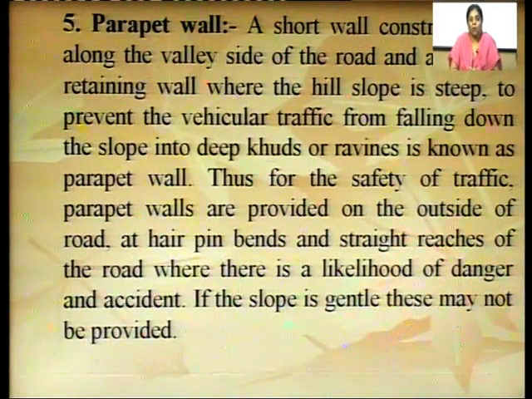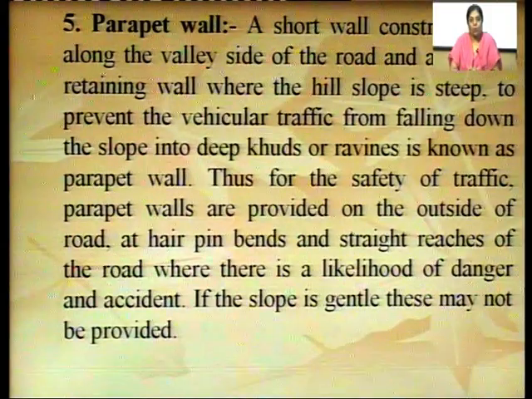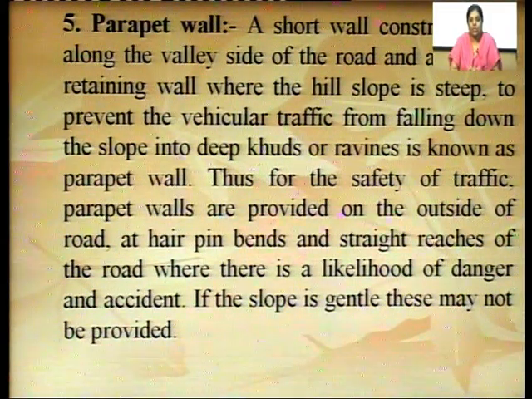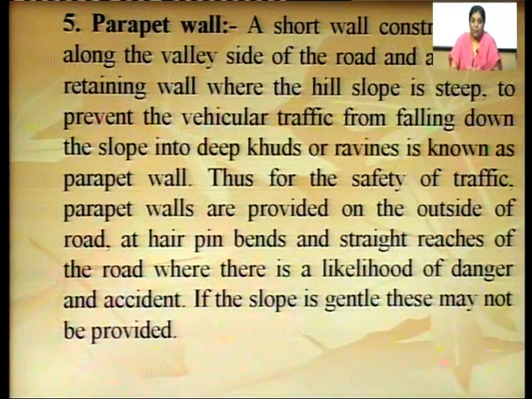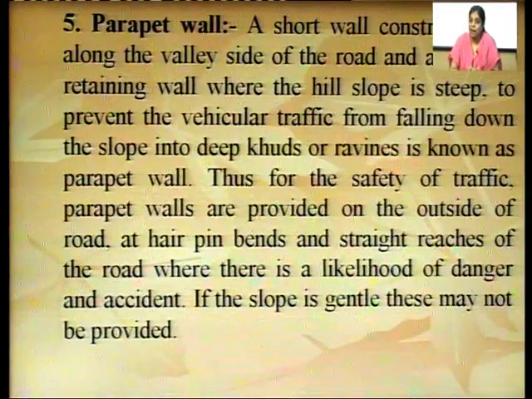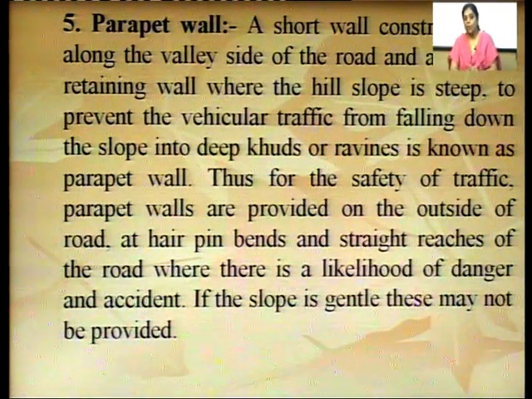So, a parapet wall is a short wall constructed all along the valley side of the road and above the retaining wall where the hill slope is steep, to prevent the vehicular traffic from falling down the slope into deep khuds or ravines.